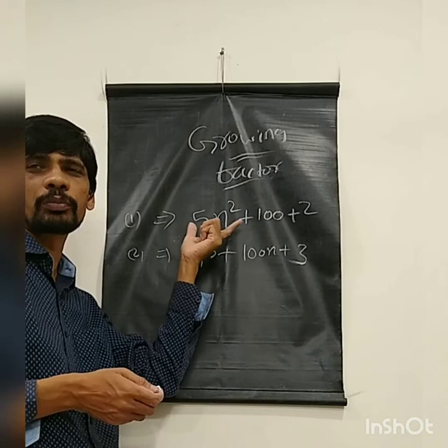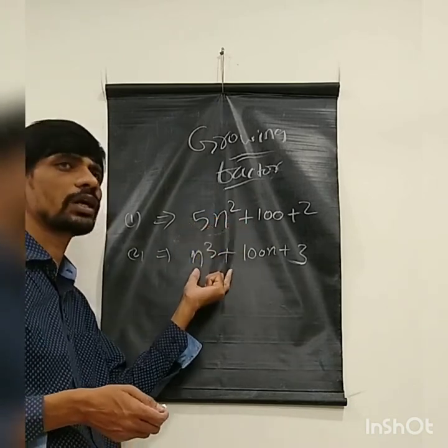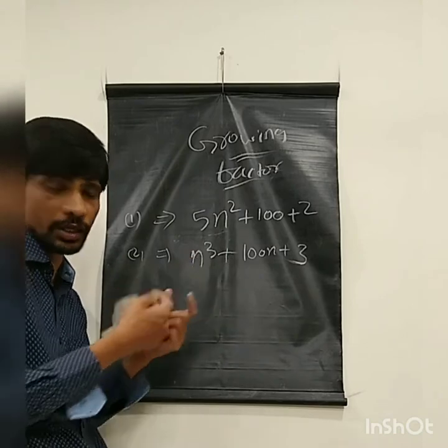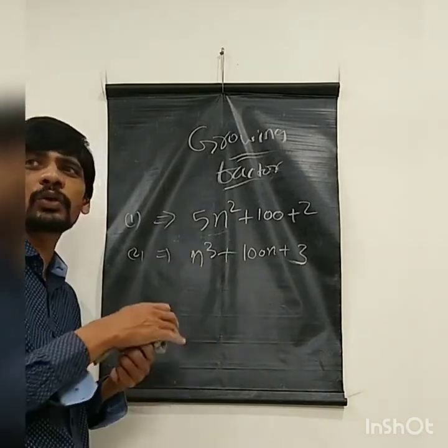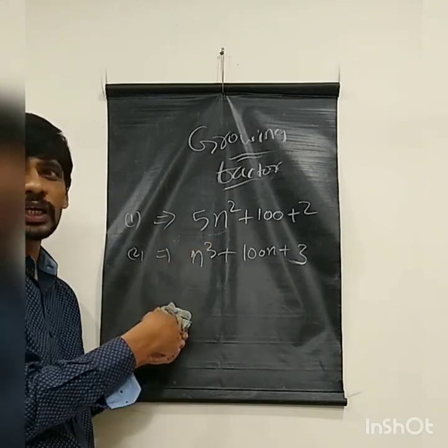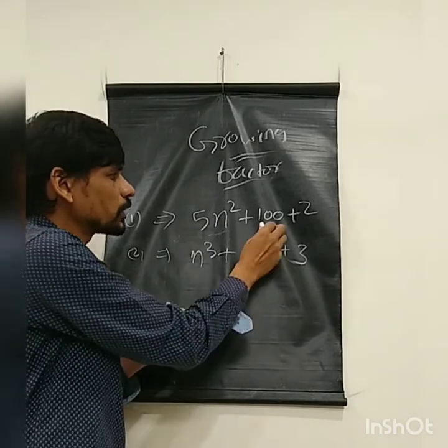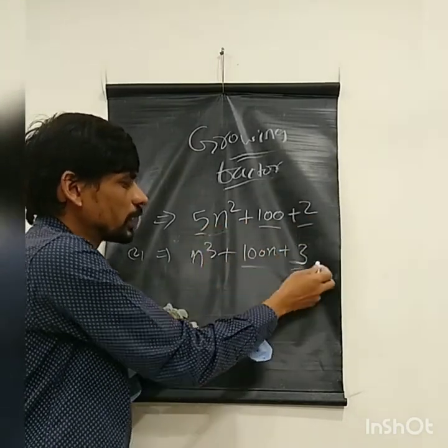So I found the complexity like this for one algorithm and complexity for another algorithm. While identifying our big O notation, asymptotic notations, as we earlier discussed, we are least bothered about this 100, 2 and 5, 100 and 3.